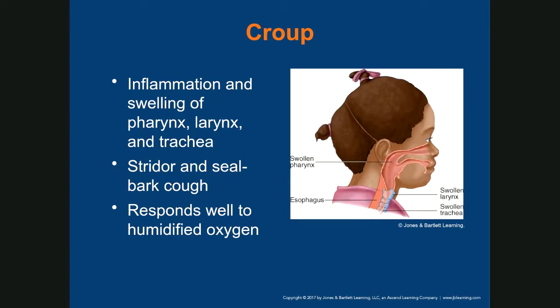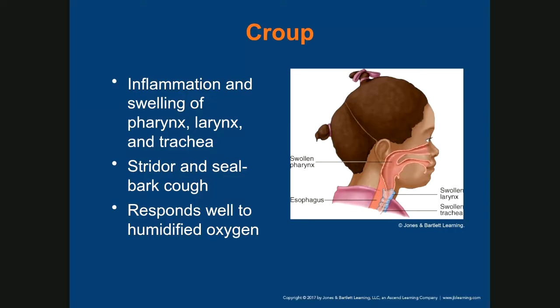positioned in the airway. Because regardless of the type of respiratory tract infection, infections will lead to dehydration, humidified oxygen will help these patients. So we always provide humidified oxygen when we suspect a respiratory tract infection. Do not manipulate the patient's airway, right?